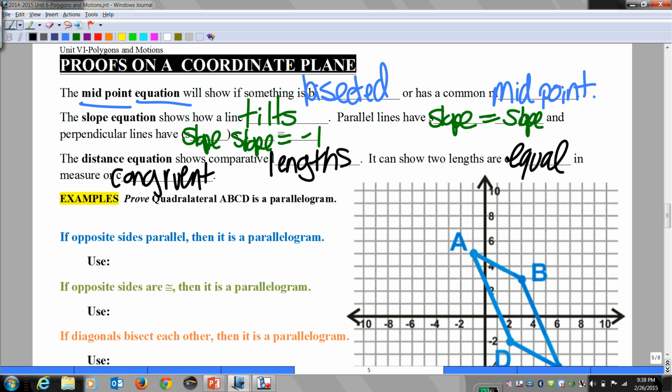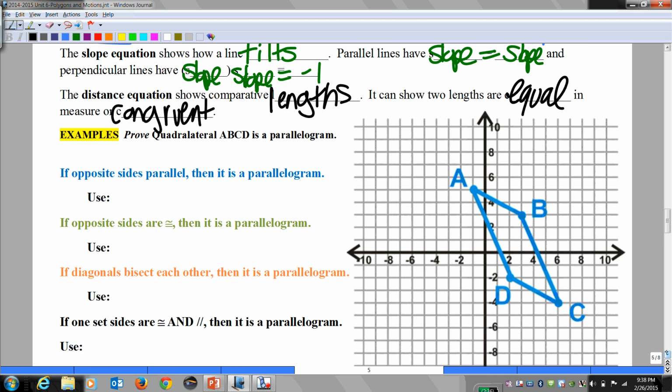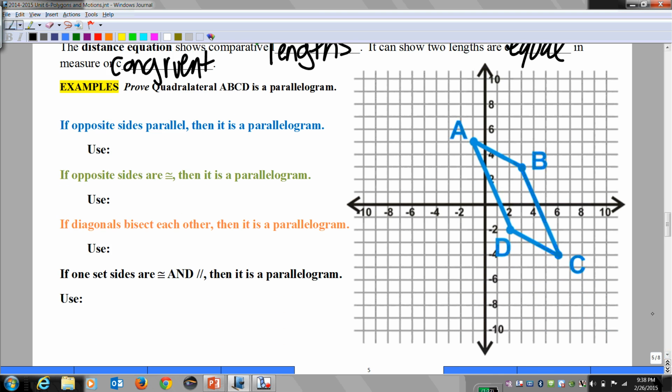Now, knowing that, let's take ourselves through a very simple proof here. We have a quadrilateral ABCD and we want to prove it's a parallelogram. So we're going to write out the basic 5 qualities of a parallelogram.